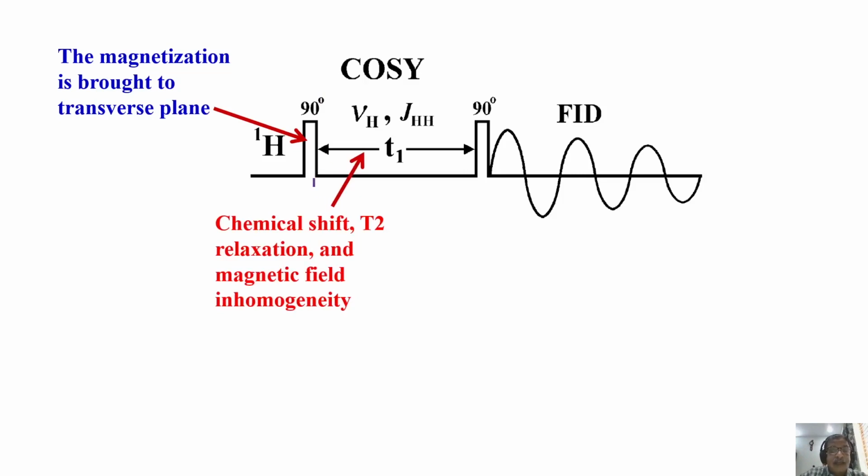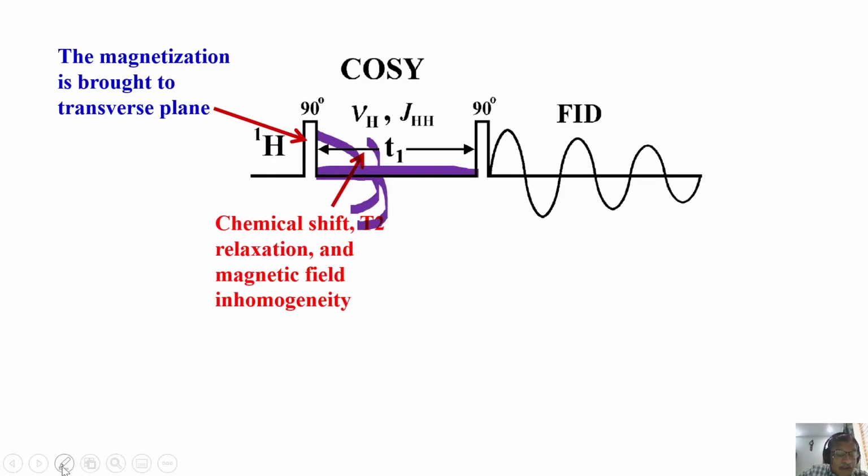The spins which are brought to this transverse plane start evolving. Instantaneously, they will be in phase, and then afterwards you create phase coherence, and after some time these spin packets start moving at different frequencies, fast and slow moving components. But during this time, what happens?